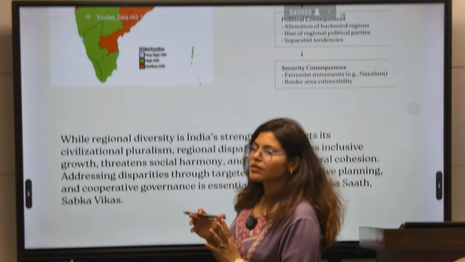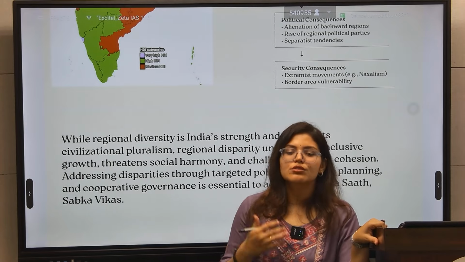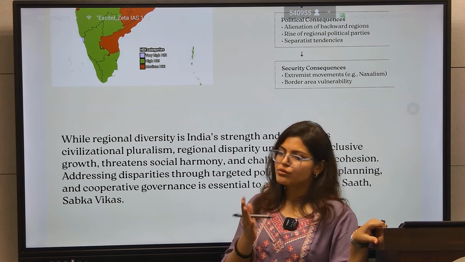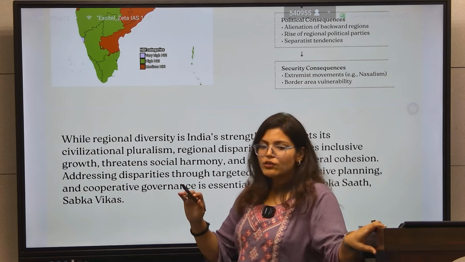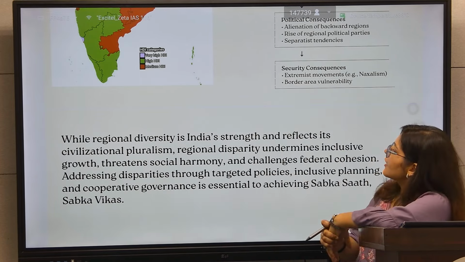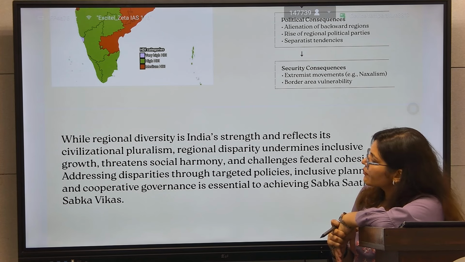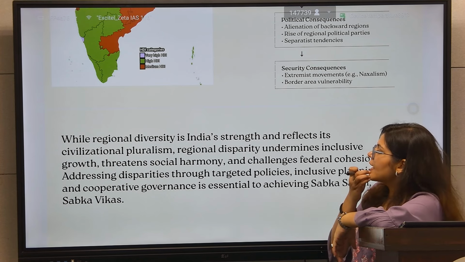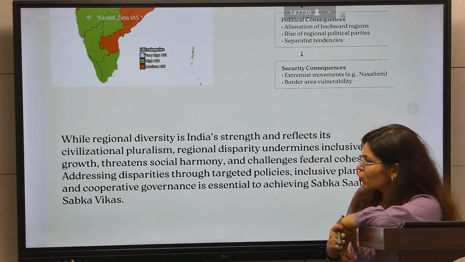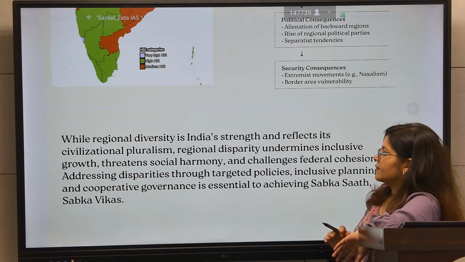This question is about a problem, so in the conclusion you have to give the solution or simply write 2-3 points of way forward. This is also a conclusion for you. While regional diversity is India's strength and reflects its civilizational pluralism, regional disparity undermines inclusive growth, threatens social harmony, and challenges federal cohesion.